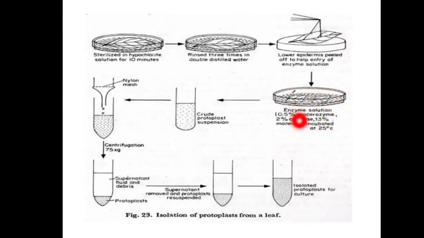The enzyme solution has a composition of 0.5% macerozyme, 2% cellulase, and 13% mannitol at pH 5.4, and this petri dish is sealed with parafilm and wrapped with aluminium foil. Parafilm is nothing but a covering for culture tubes, which does not allow organisms to interact with the outside atmosphere.